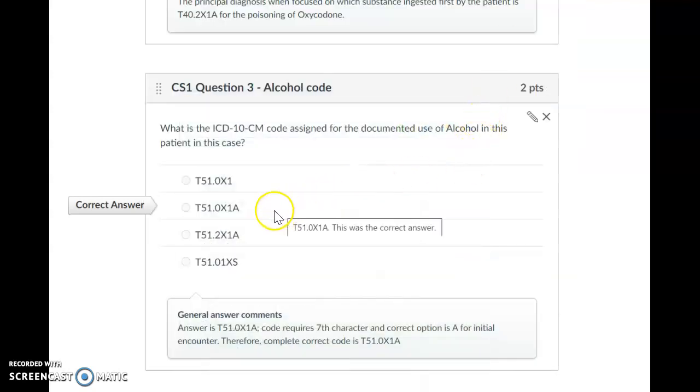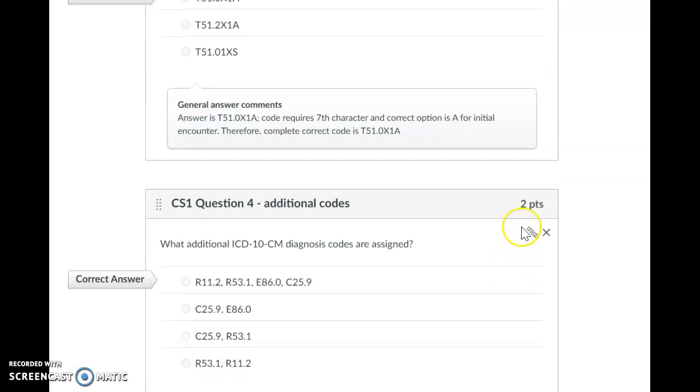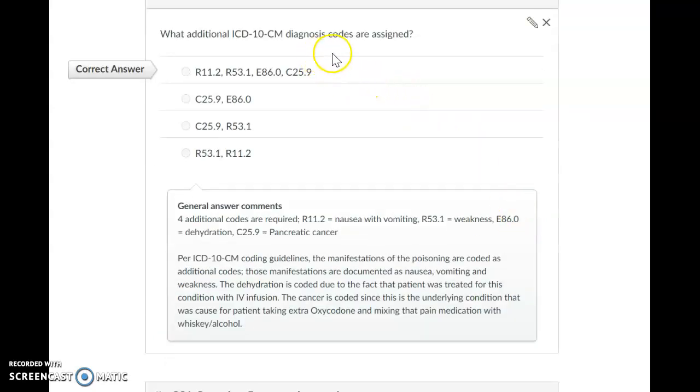Okay, so then we have two drugs here. A is for the initial encounter. This is the first time. I did have a student ask why we are coding the additional codes. Well, per ICD-10 guidelines, manifestations of the poisoning are coded as additional.